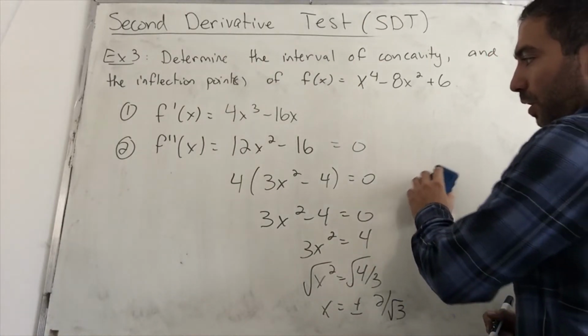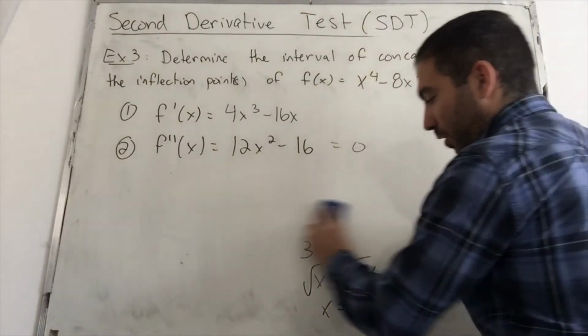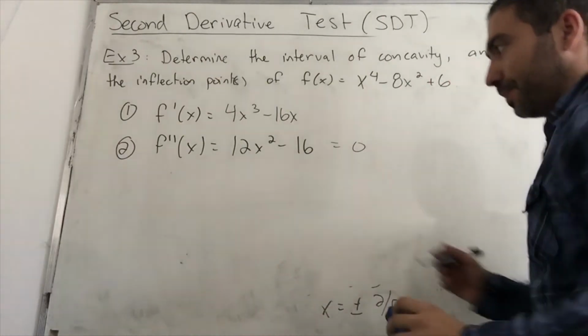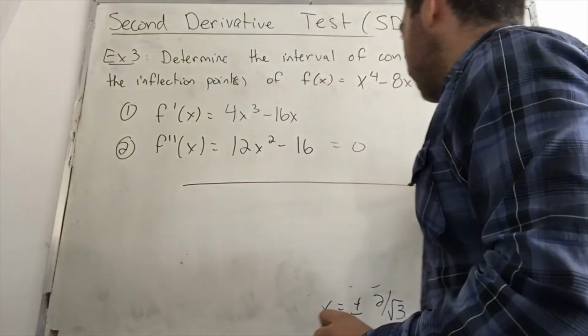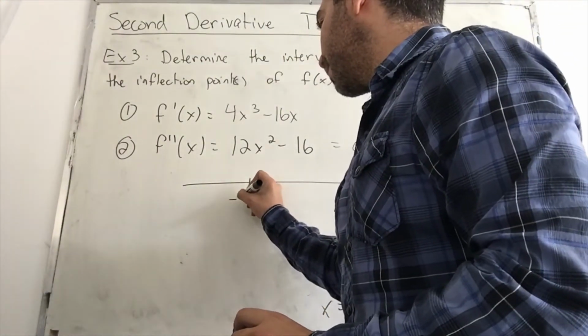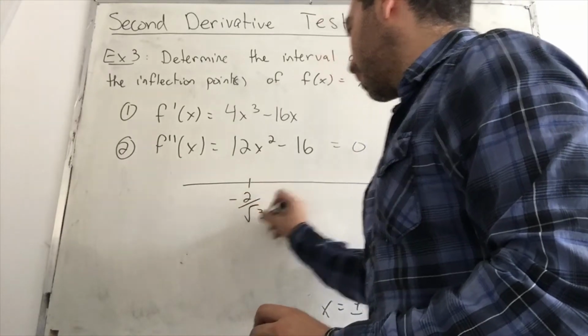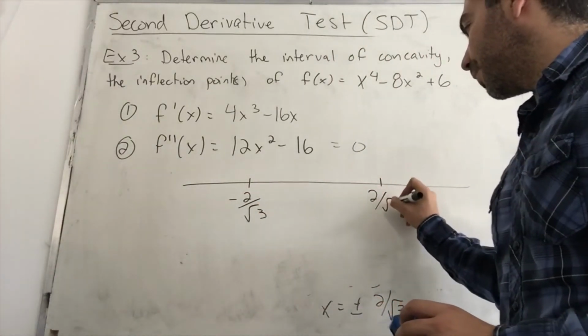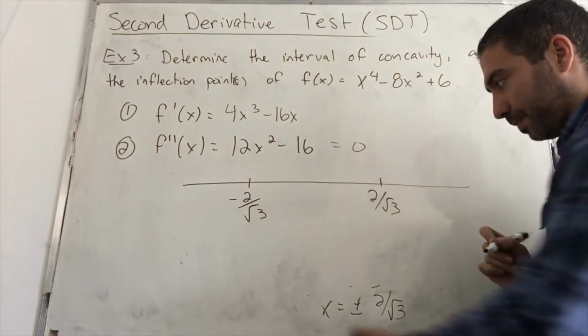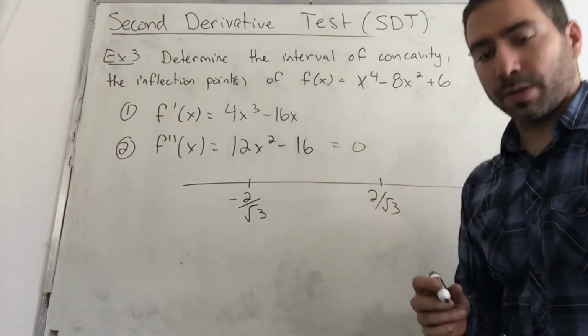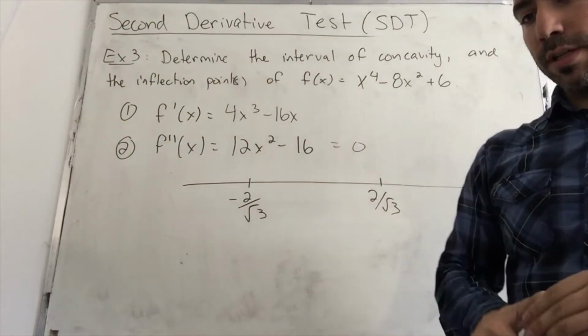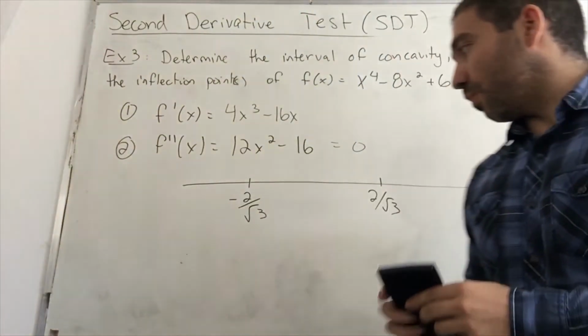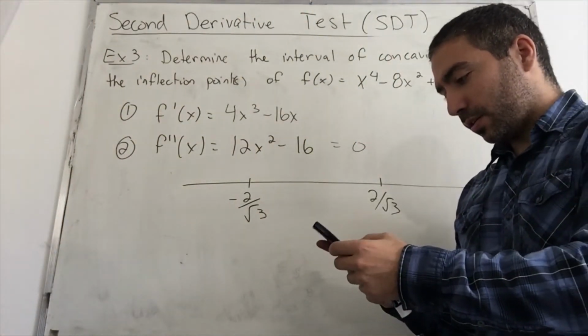So let's go ahead and draw a number line. We have negative 2 over root 3, and we have positive 2 over root 3. Okay. And we're going to test values. Let's use a calculator to see what the actual value is.